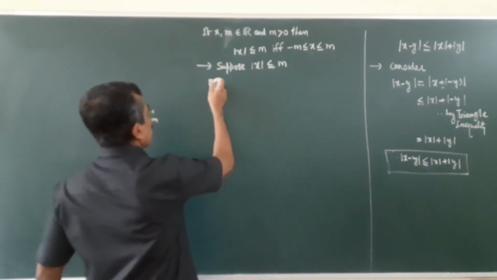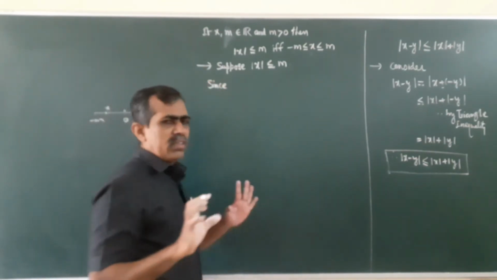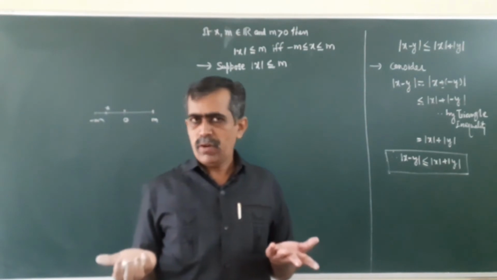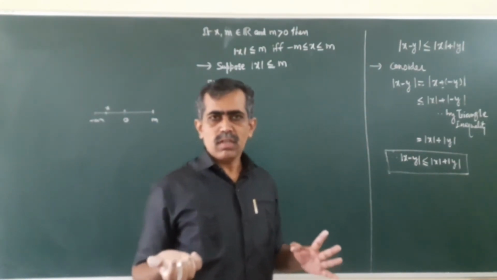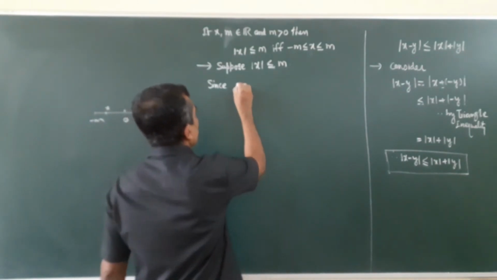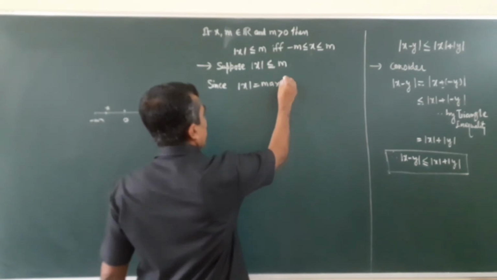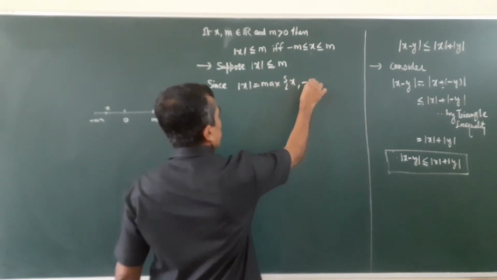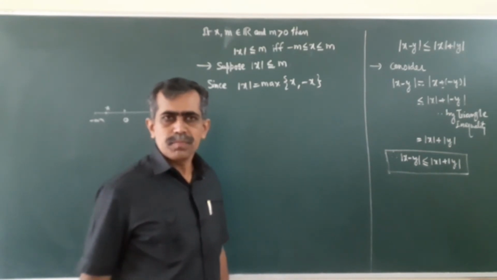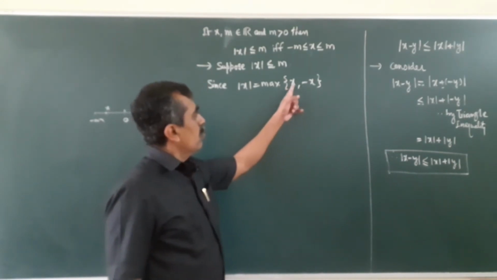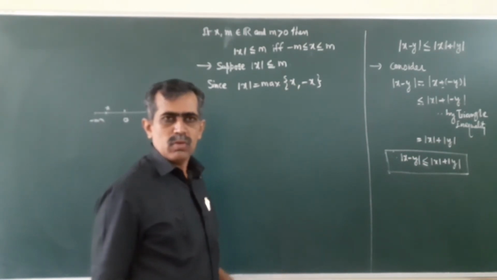Now just use what we know, the definition of mod x and other properties of mod x. Mod x is either x or minus x, whatever is the maximum. Mod of x is the maximum of x comma minus x, that we have proved.